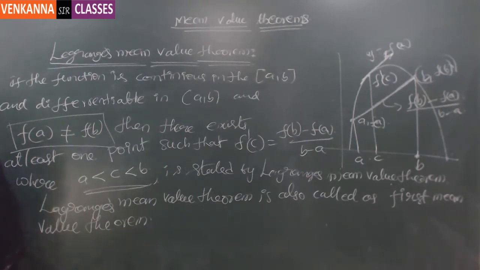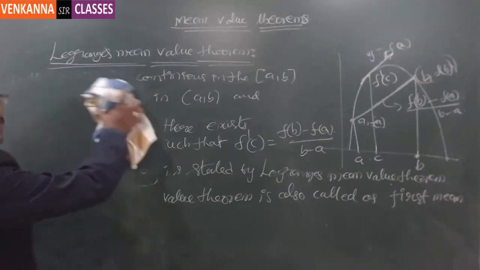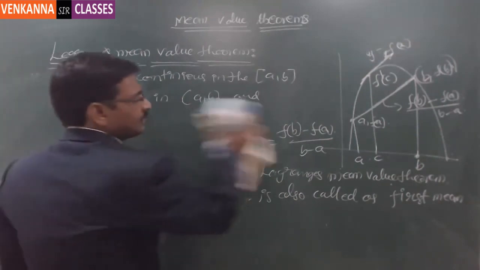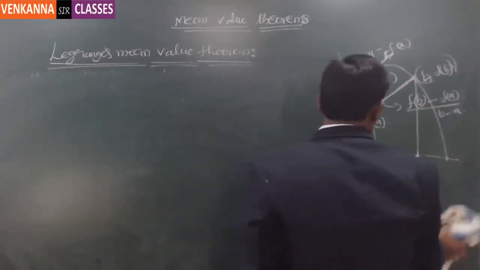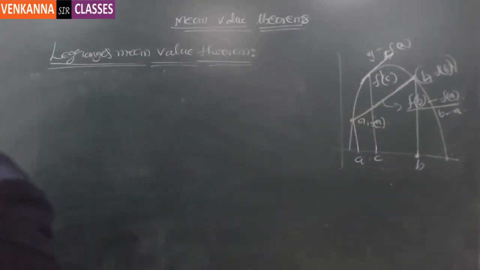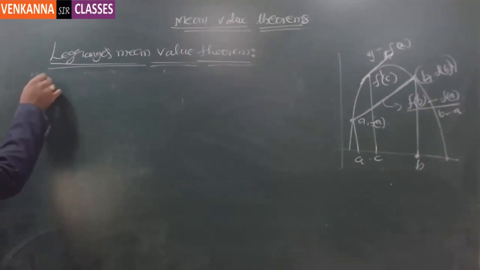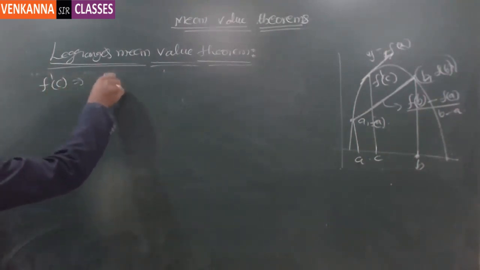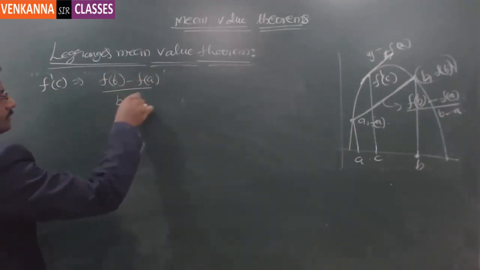Now, this one can also be written in a different format. So here, f dash of c is equal to f of b minus f of a divided by b minus a.